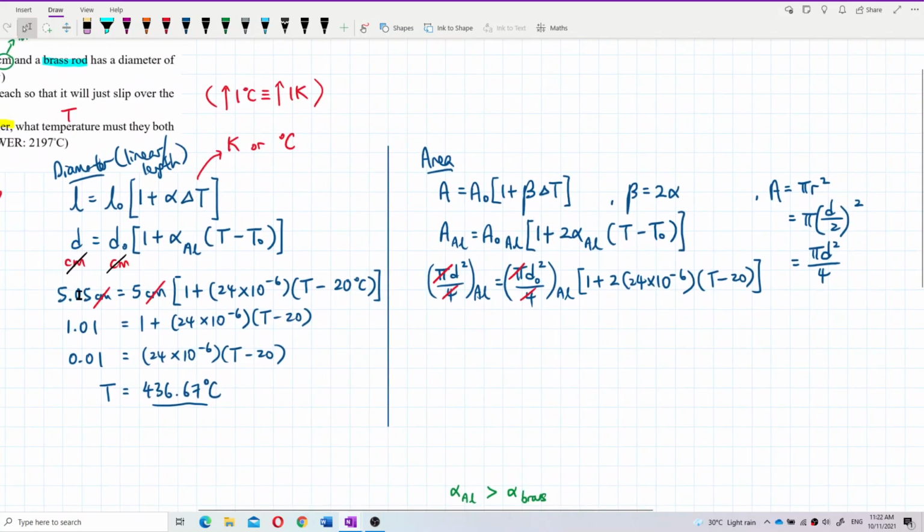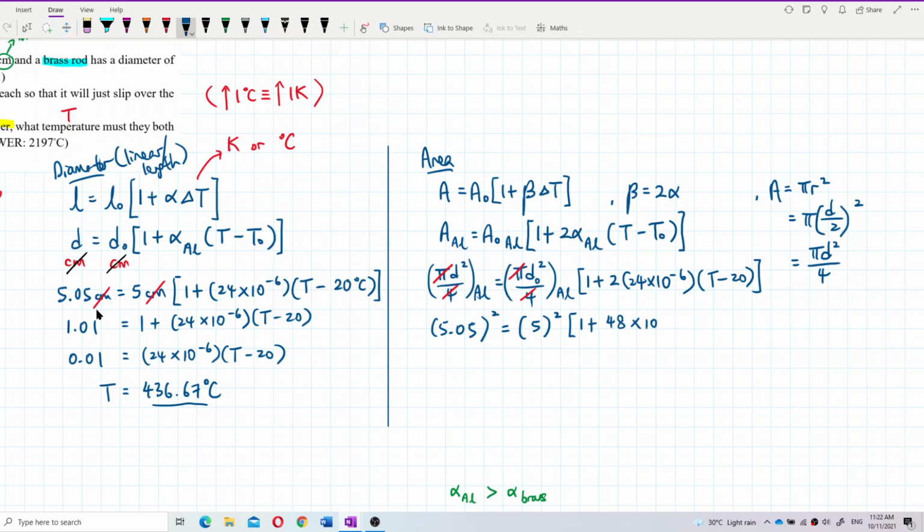The final diameter is 5.05 centimeter squared, and this one is 5, initial, you start with 5 centimeter diameter, and then this 1 plus 2 alpha. 2 alpha becomes 48, exponent negative 6 bracket, this is t minus 20.